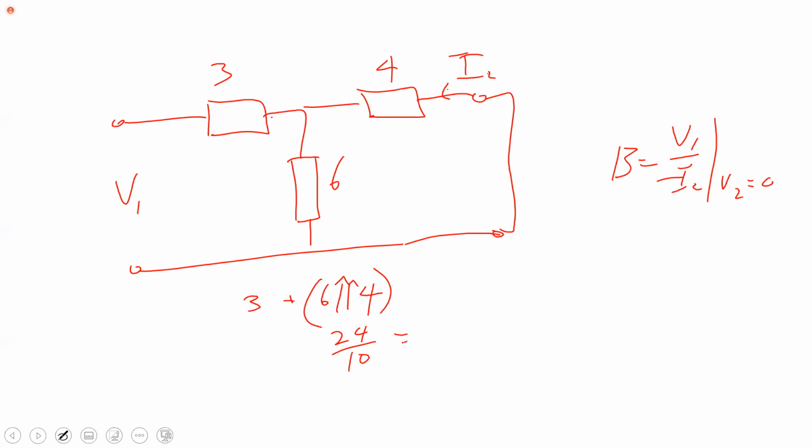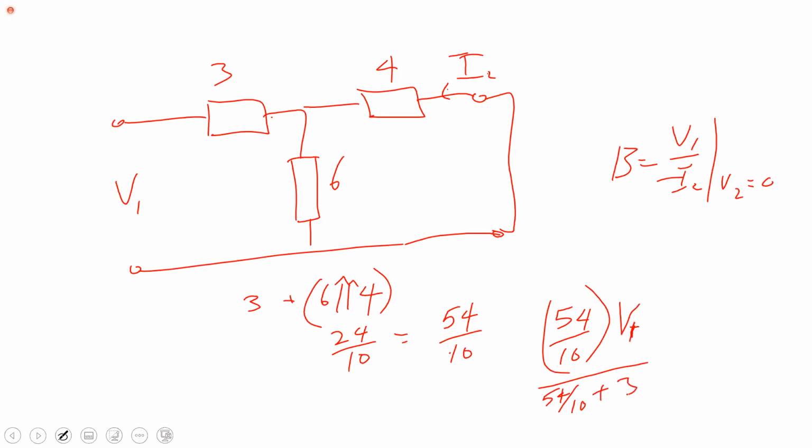So this gives us 54 over 10. And we are dividing that, so it's 54 over 10 times V1, over 54 over 10 plus 3. Yes?